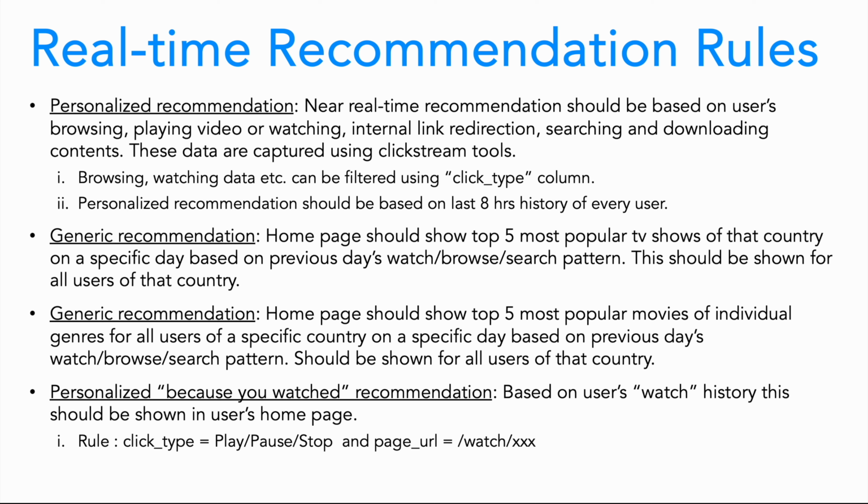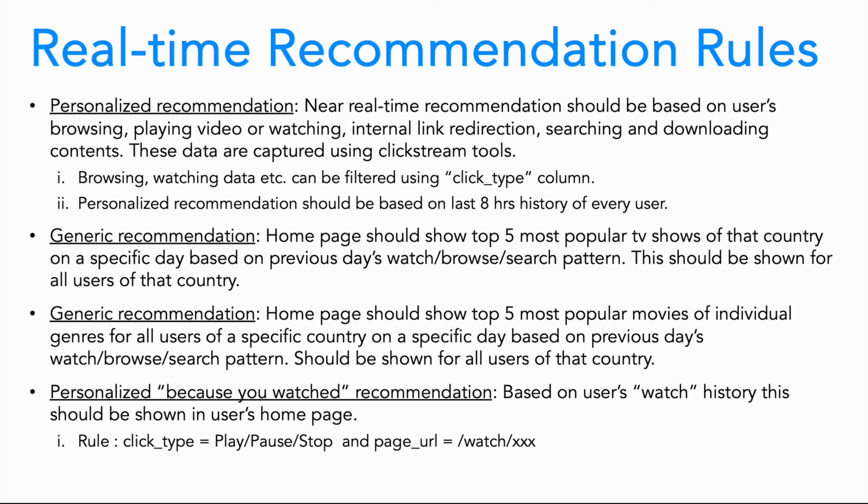Similarly, there is one more generic recommendation wherein the homepage should show the top 5 most popular movies of individual genres. I'm not sure how it is pronounced, but anyway, you have to analyze the top 5 most popular movies of individual genres for all users of a specific country on a specific day, based on the previous day's watch, browse, and search pattern.